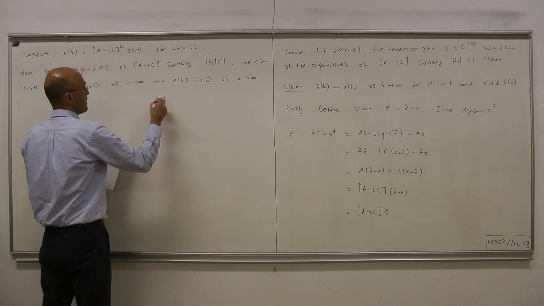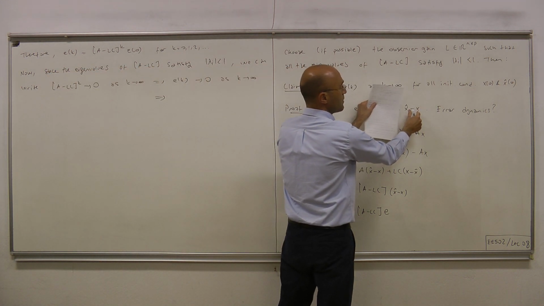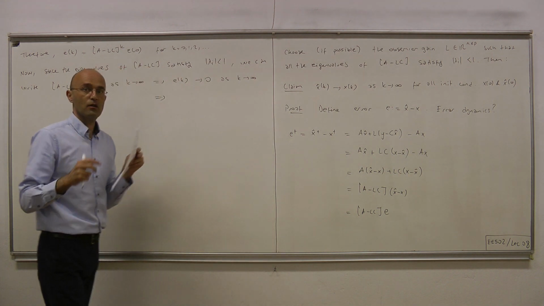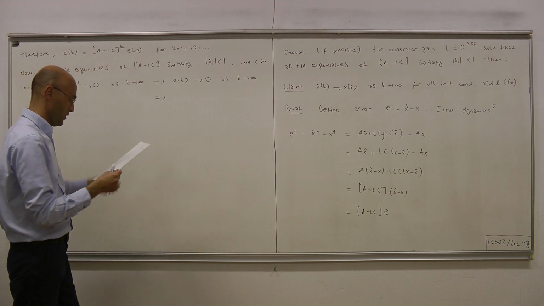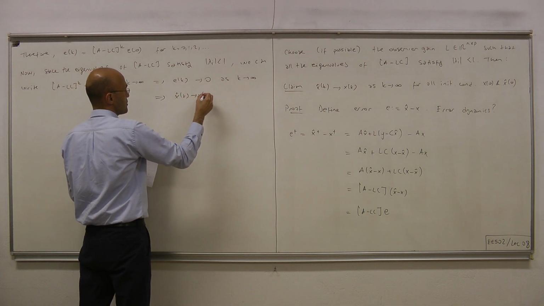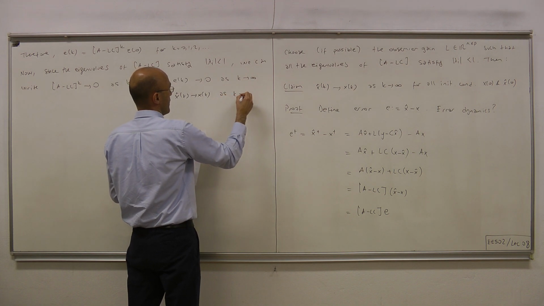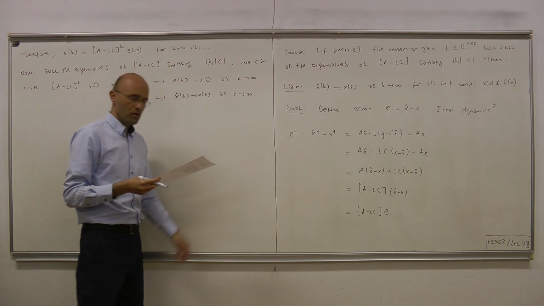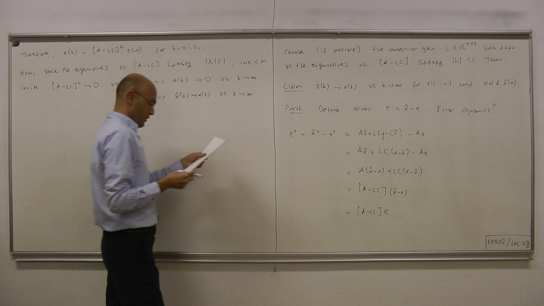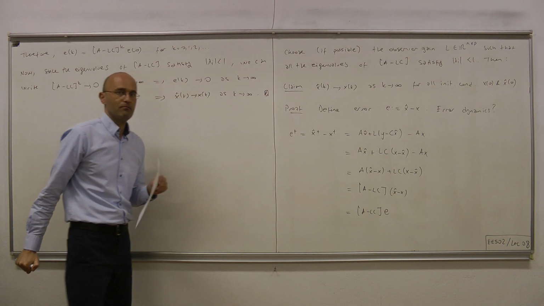And finally, error converging to zero means that these two signals are getting closer and closer to one another exponentially. x hat at k converges to x at k as k goes to infinity. So that's the end of our proof of our claim.